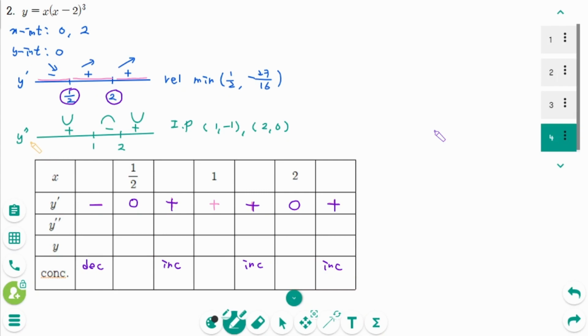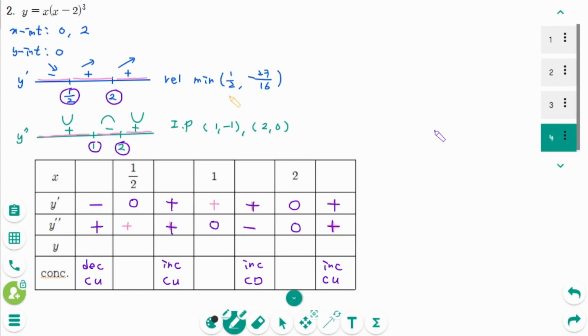And y second prime is 0 when x equals 1 and 2, then 1 is 0, 2 is 0. In the interval less than 1, this part is positive, negative, positive. y second prime is positive, that means concave up, positive, concave up, negative, concave down, positive, concave up.